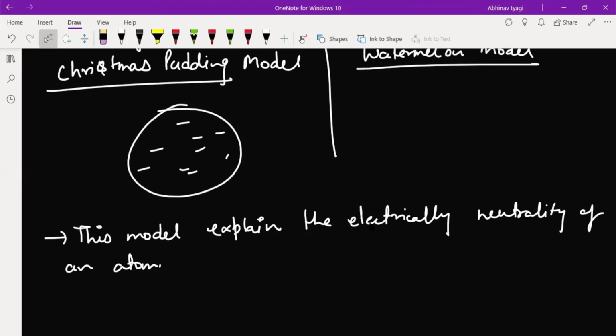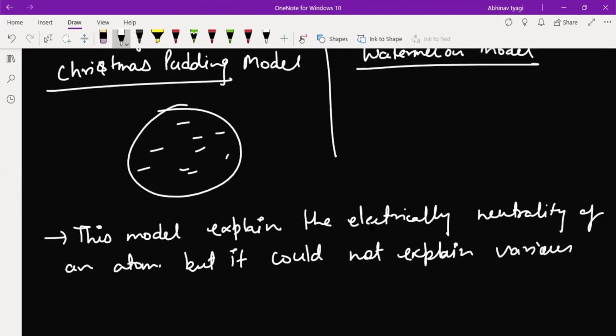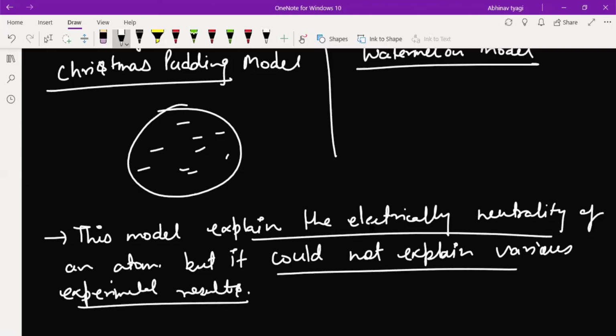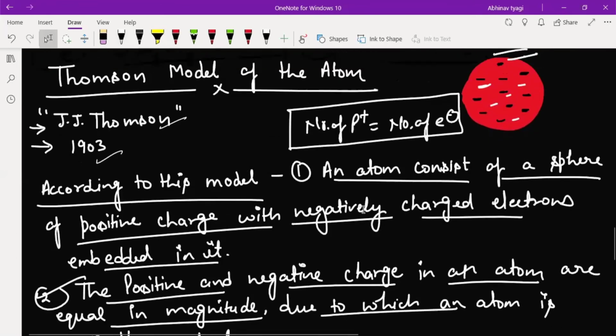It could not explain various experimental results, or we can say that this model was totally based upon hypotheses. It does not have any scientific evidence, so this model failed.